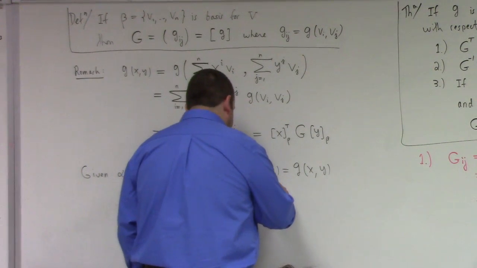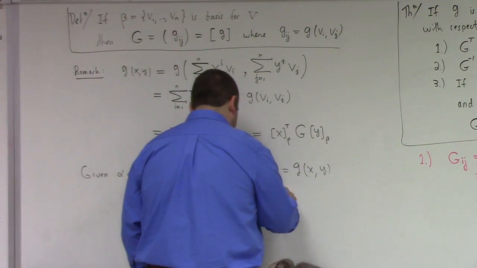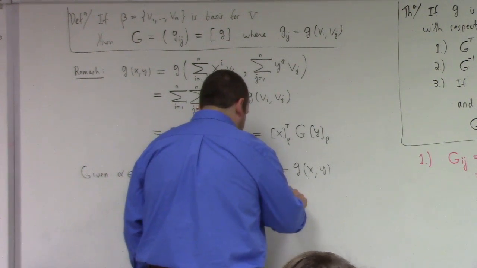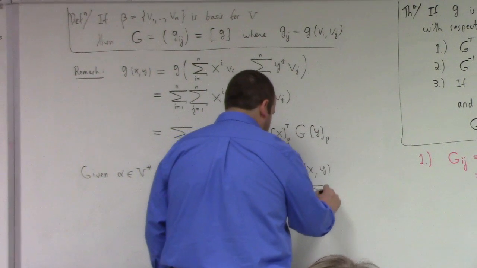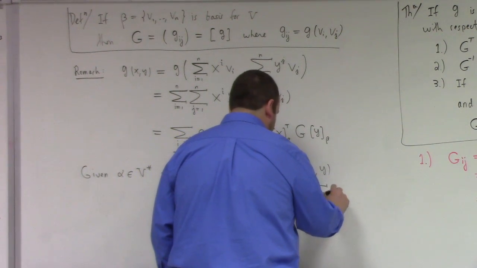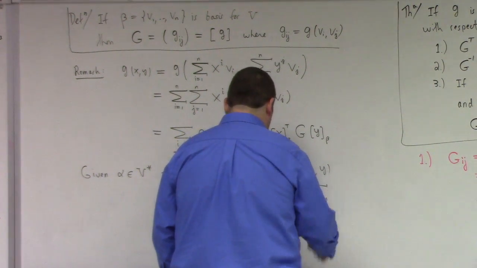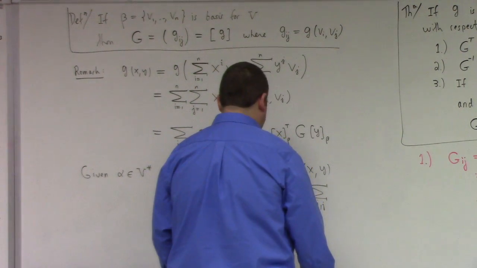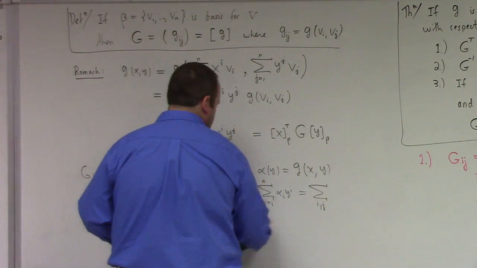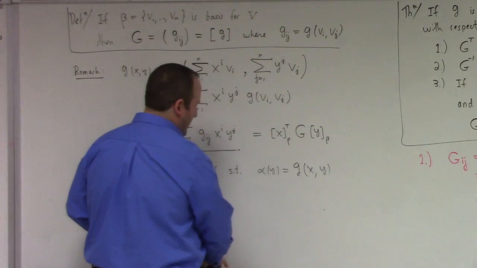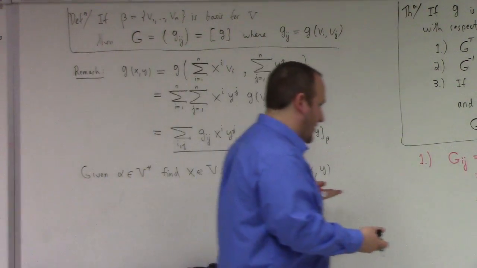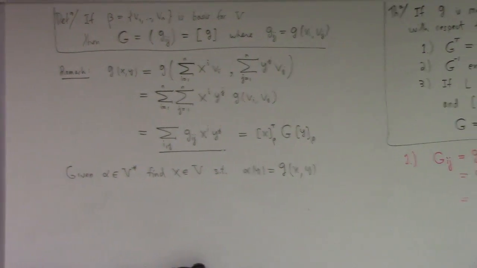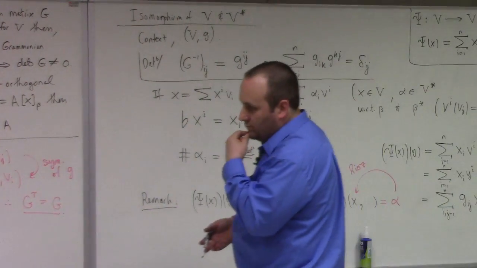Alpha of y is nothing more than the sum of alpha lower i, y upper i, i equals 1 to n. And this, on the other side, is the sum over i and j. Sorry, let me say it differently.